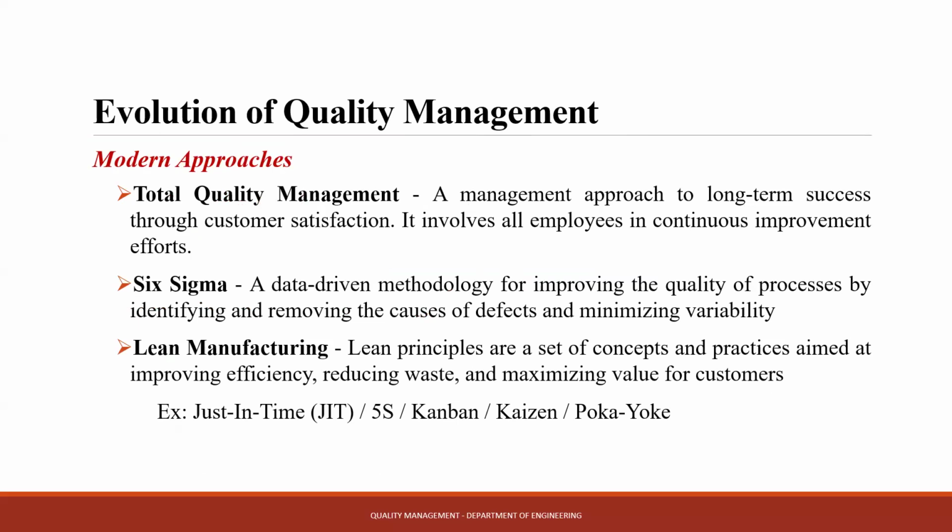In this evolution process of quality management, it developed day by day from quality controlling and quality assurance to the modern approach, which emphasizes continuous improvement and also data-driven decision making, right? Under total quality management, we mainly deal with the data, without having personal opinions, without taking decisions based on our personal views.